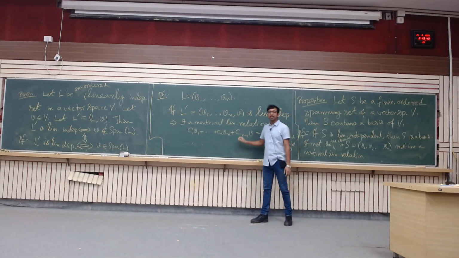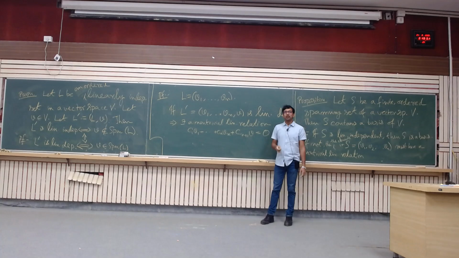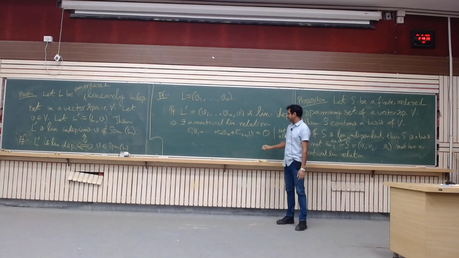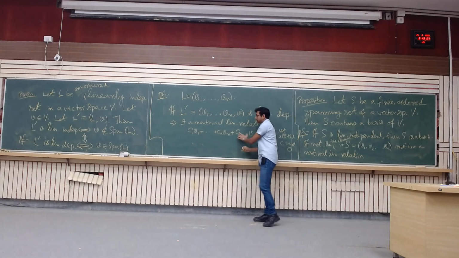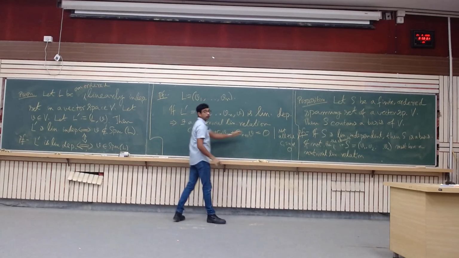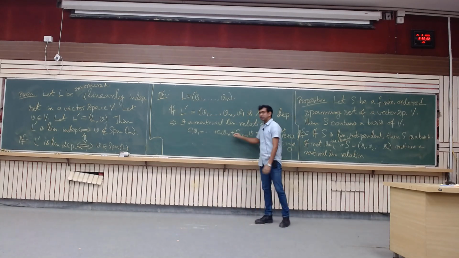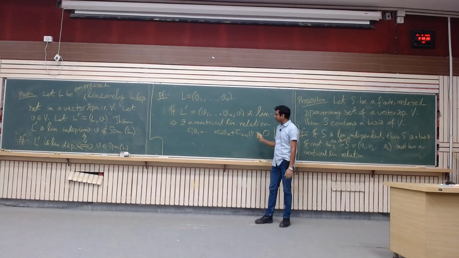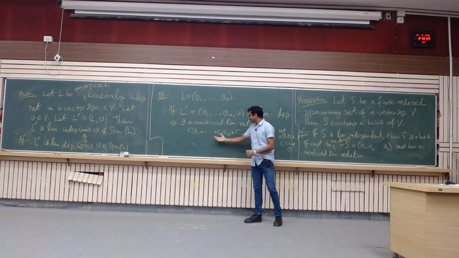Something else is non-zero, but the last one is 0. Is it possible? Why not? Right, if the last is 0, then c1 v1 plus dot dot dot plus cn vn equals 0 would be a non-trivial relation, and that would mean that v1 to vn are not linearly independent.